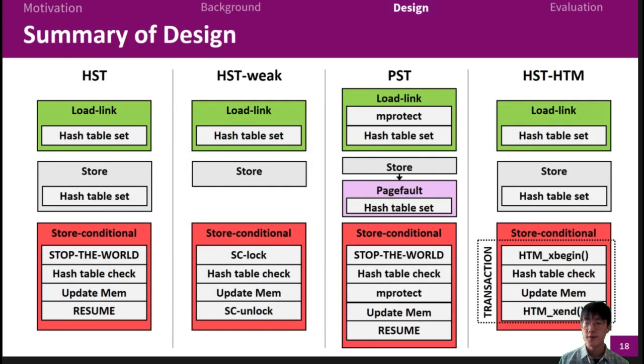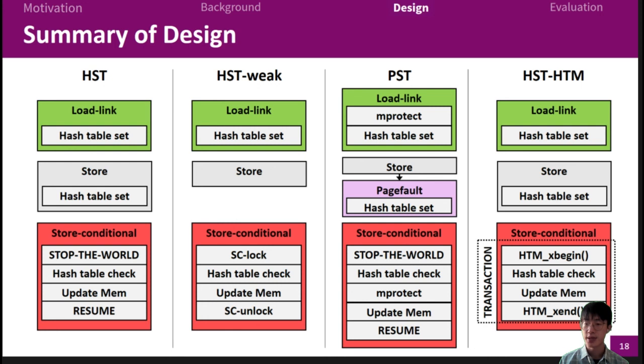We here give a brief summary of the mentioned designs. The HST scheme uses a lock-free hash table to check stores between LLSC and uses the stop-the-world solution to keep the strong atomicity of SC. The HST weak is based on the assumption that all the atomic variables are only accessed by atomic instructions. So HST weak only enforces weak atomicity between different LLSC transactions.